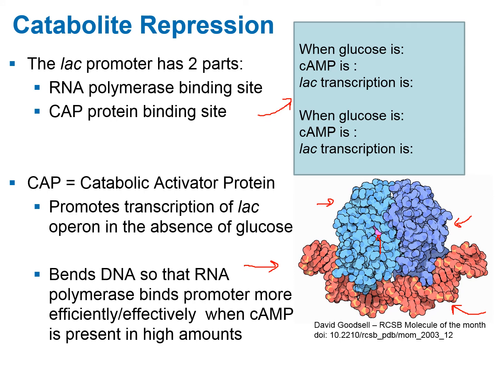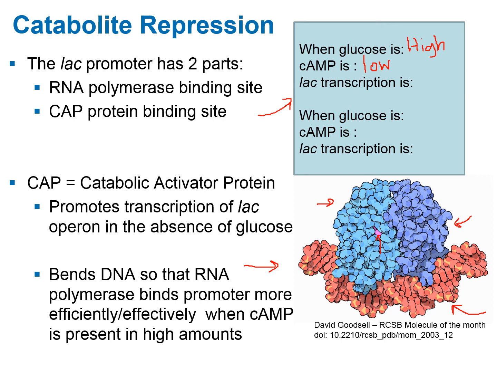When glucose is, let's say, high, so when there's lots of glucose in the environment, the answers for these questions will be either high or low. So when glucose is high, cyclic AMP is, choose one, high or low? Low. Remember, cyclic AMP is a stress hormone, an alarmone that the cell produces when it's starving.